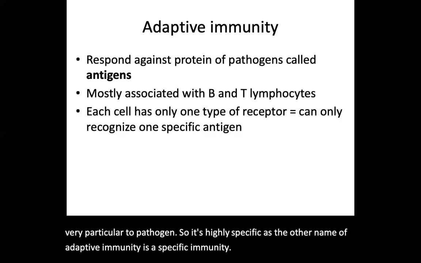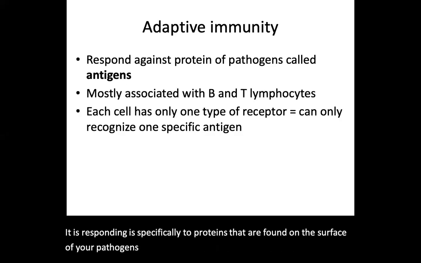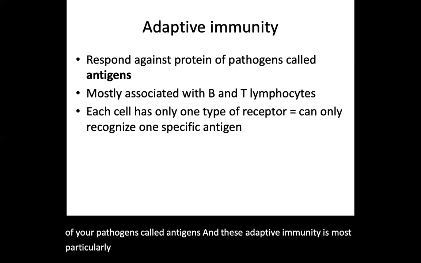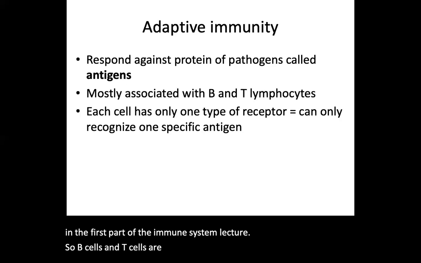It is responding specifically to proteins that are found on the surface of pathogens, called antigens. And adaptive immunity is most particularly associated with B cells and T cells, which we discussed in the first part of the immune system lecture. B cells and T cells are also known as B lymphocytes and T lymphocytes.